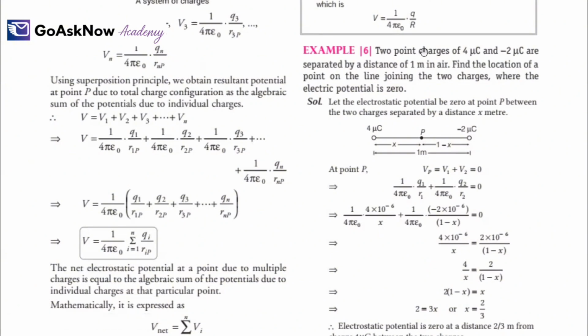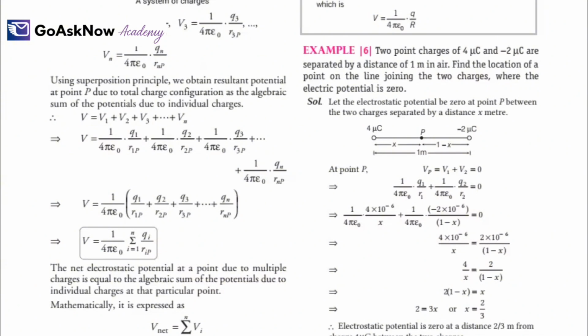What it says: 2 point charges of 4 microcoulomb and minus 2 microcoulomb are separated by a distance of 1 meter in air. So there are 2 point charges that have the values 4 microcoulomb and minus 2 microcoulomb, and they are separated by a distance of 1 meter in air only. Okay. So the medium is what? Air.